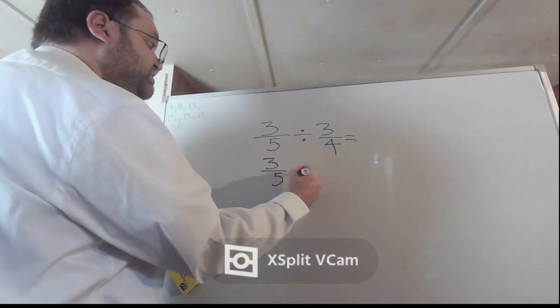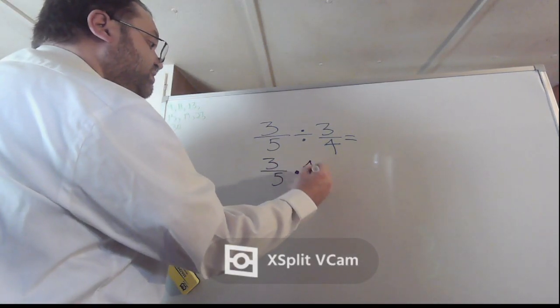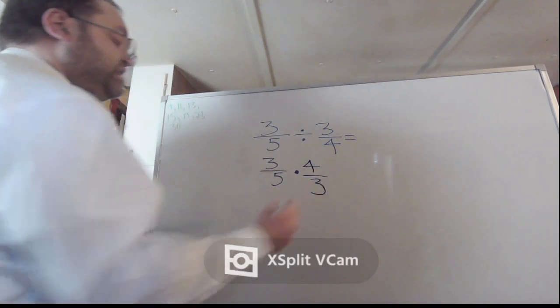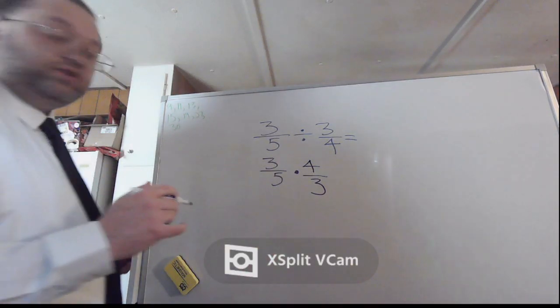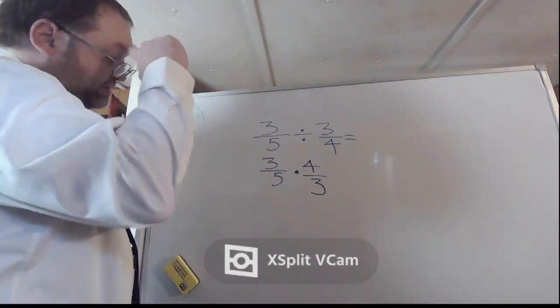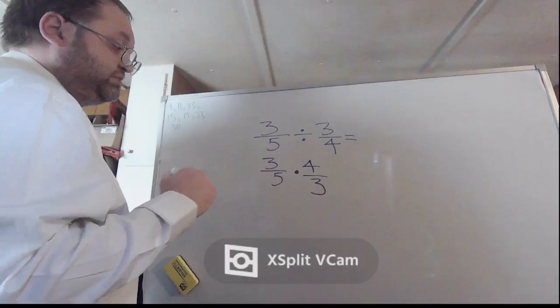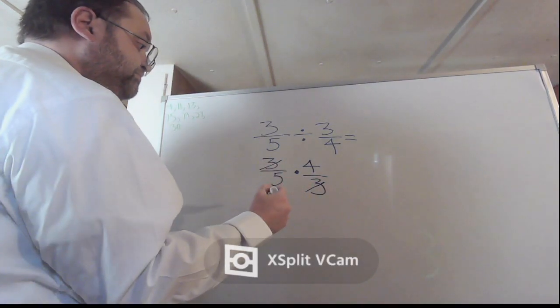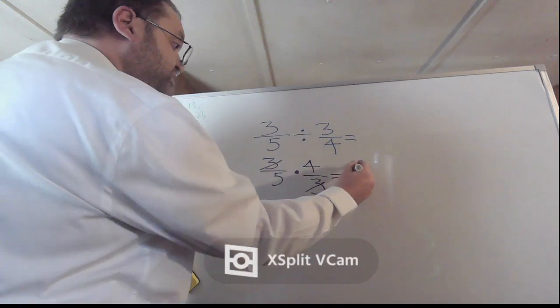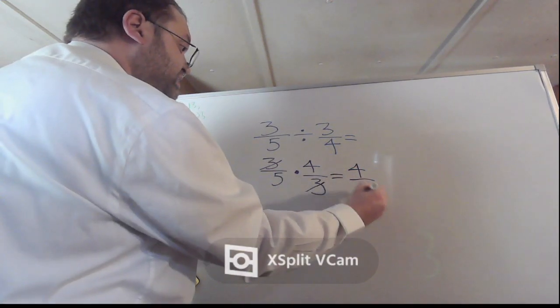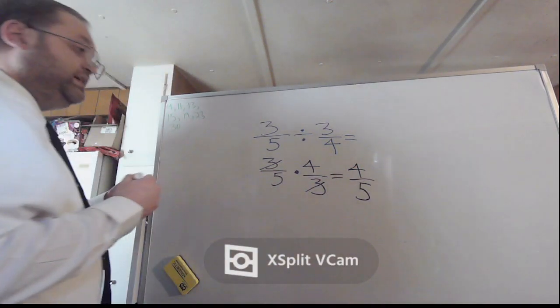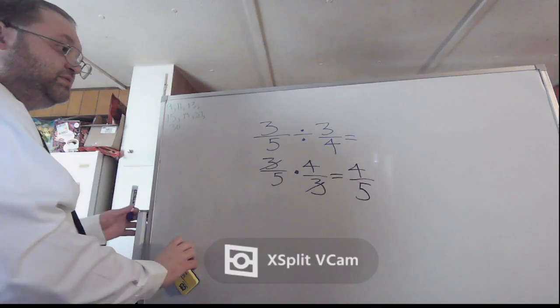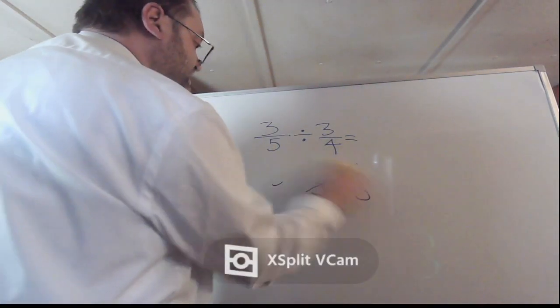You'll turn that into 3/5 times 4/3. Now it turns into a multiplication of fractions. We see the 3's cancel, so what you're left with is 4/5. And that would be your final answer, because you can't factor anything else out.